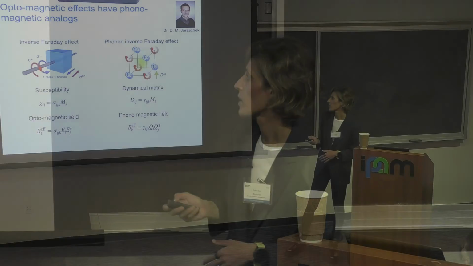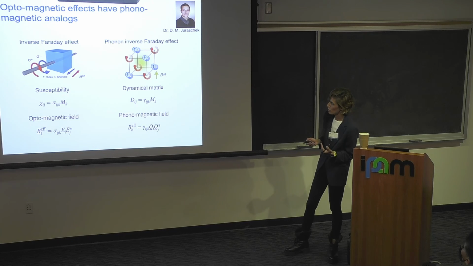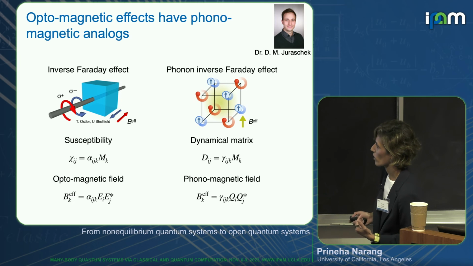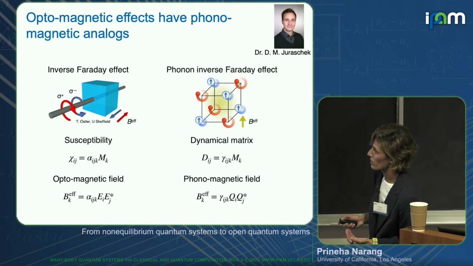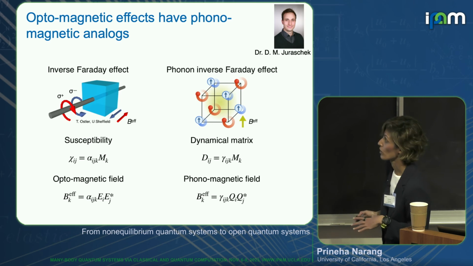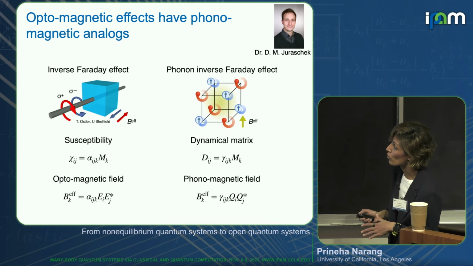Okay, so I keep calling this an analogy, and let me just mathematically show you what that looks like. To think about the inverse Faraday effect, I want to calculate the susceptibility. That's something I can do. This is something that many ab initio methods would be able to do quite regularly. Now, when you want to think about the phonon inverse Faraday effect, and by the way, this susceptibility would be essential for us to calculate the effective optomagnetic field, what we want to do for the phonon inverse version of this is get the dynamical matrix, and then use that dynamical matrix to think about the phonomagnetic component.